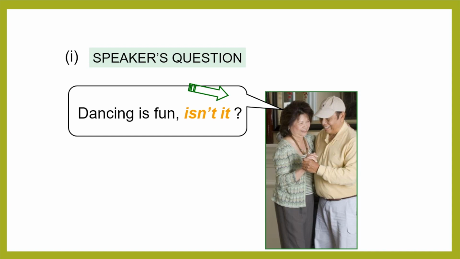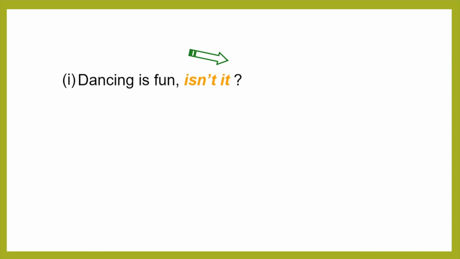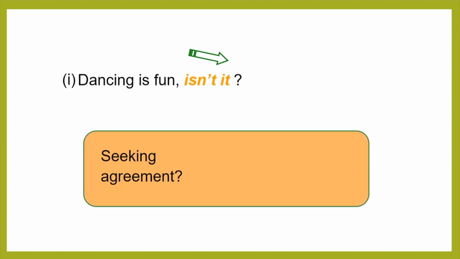That means you already know the answer. So you use falling intonation. Our tone of voice falls. Here, you simply want to ask for agreement because you already know the answer, or the person you're talking to already has the same answer as yours.